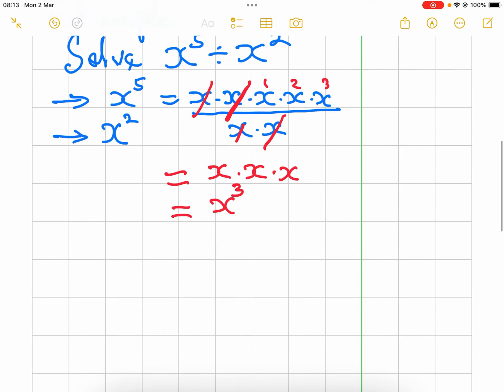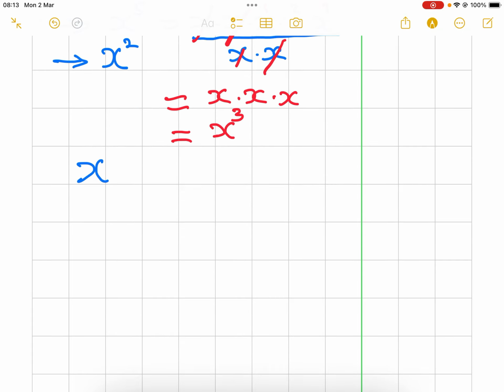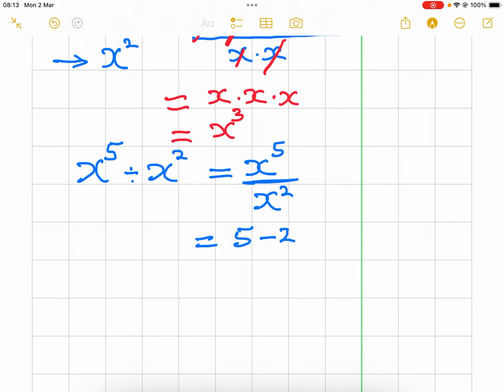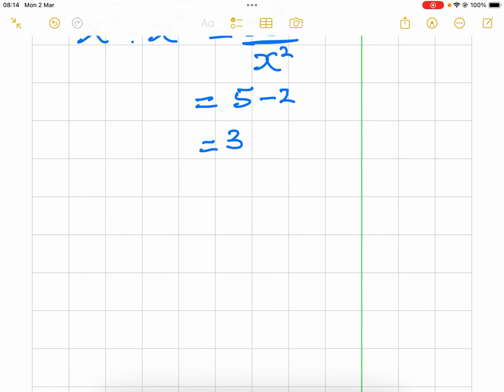So what really happened was that x raised to power 5 divided by x raised to power 2, which is x raised to power 5 over x raised to power 2, 2 was subtracted from 5, and we had 3.